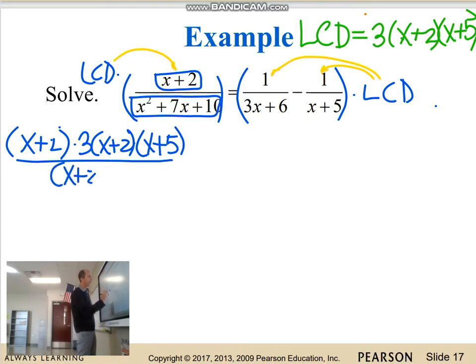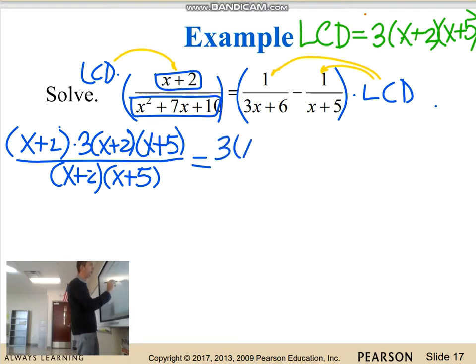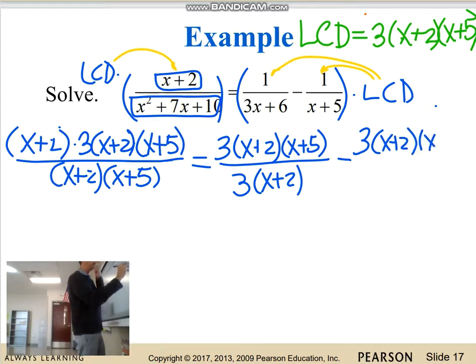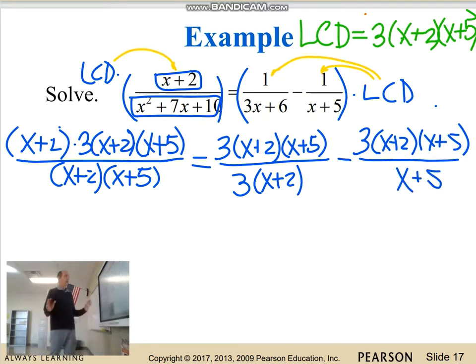X plus 2 times x plus 5 equals 1 times 3 x plus 2, x plus 5 over 3 x plus 2 minus 1 times 3 x plus 2 x plus 5 over x plus 5. Yeah, this is huge.